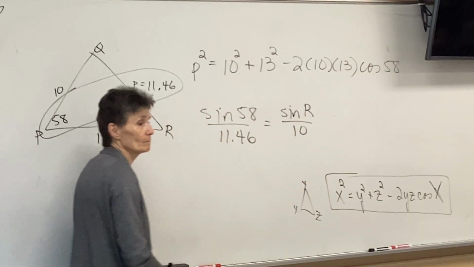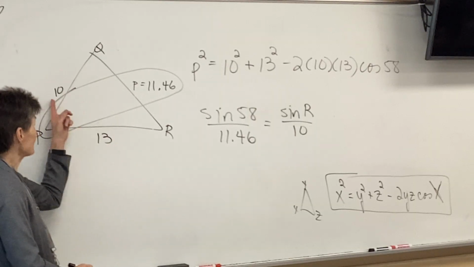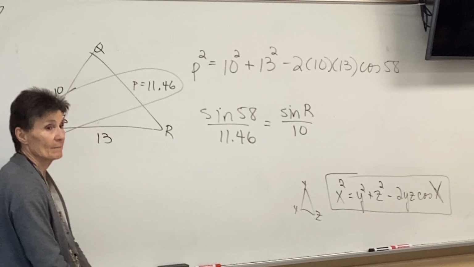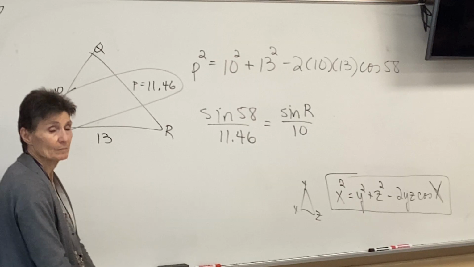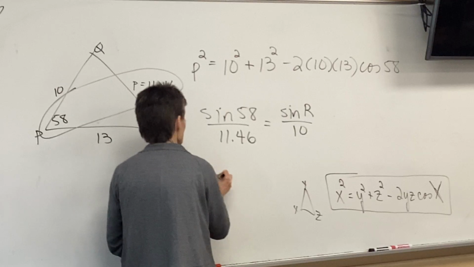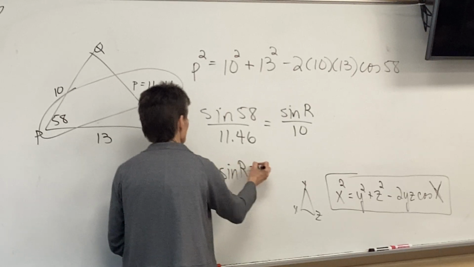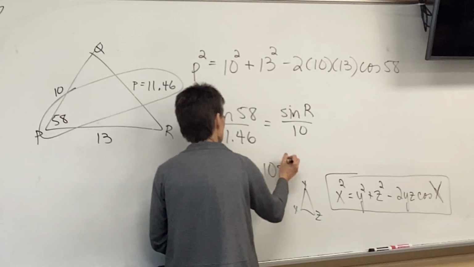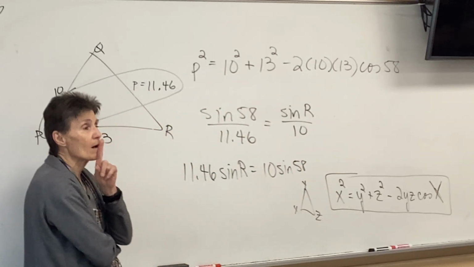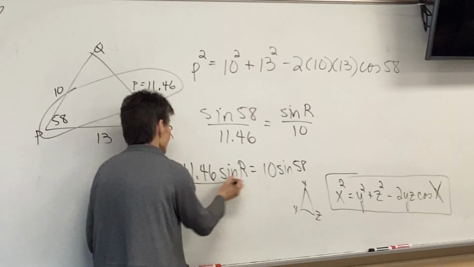Does that make sense to you? So 11.46 sine R equals 10 sine 58. What am I going to divide by? 11.46.